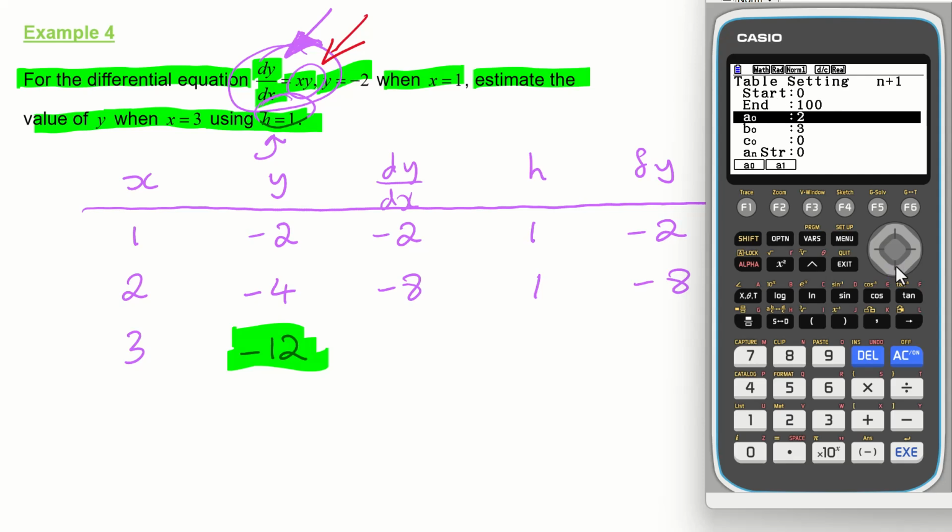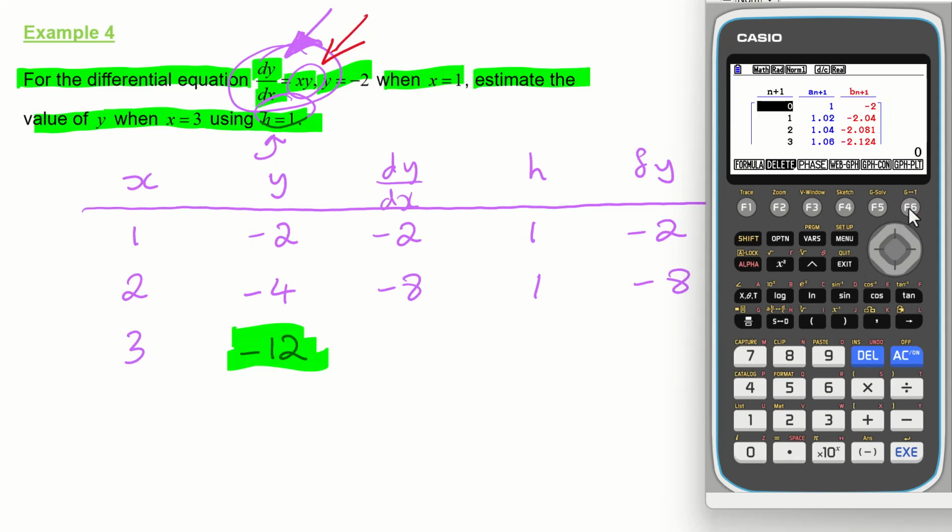Our a_0, though, is 1. That's the initial value of x. And our initial value of y is -2. And I think that should then be okay. So we can exit from there, and let's generate our table.